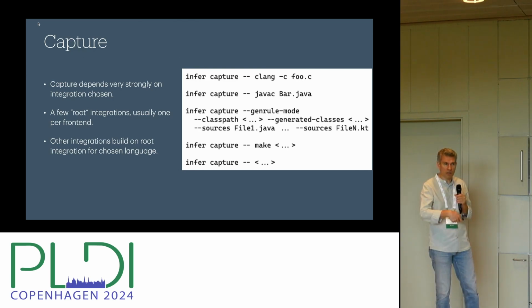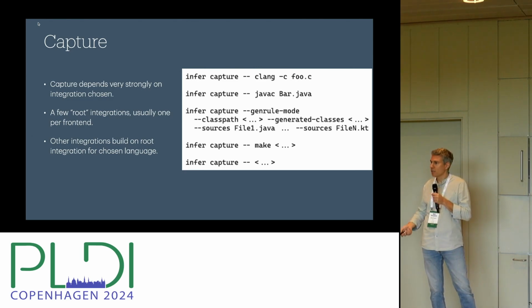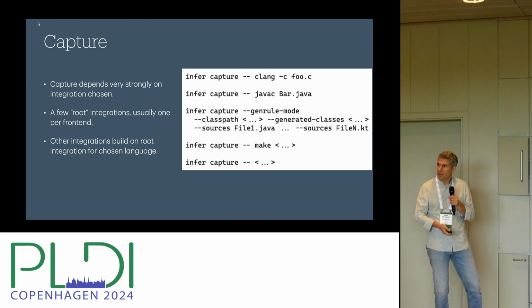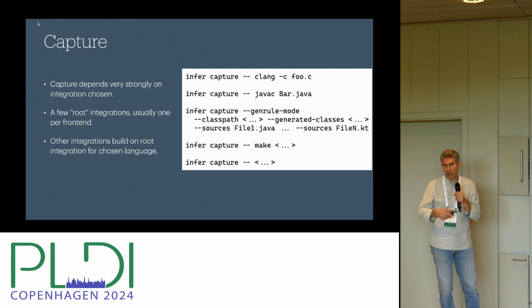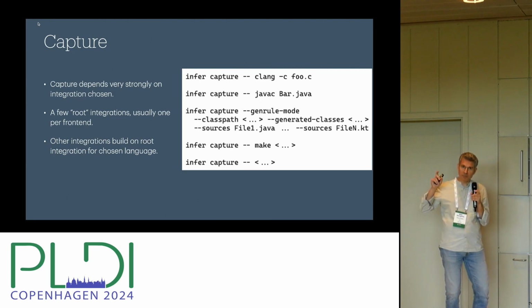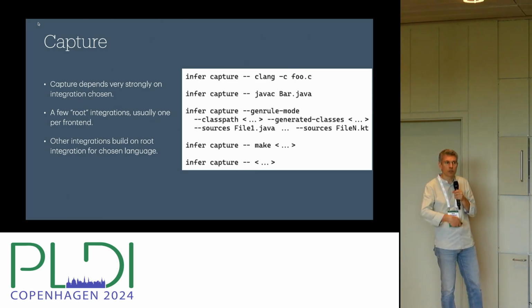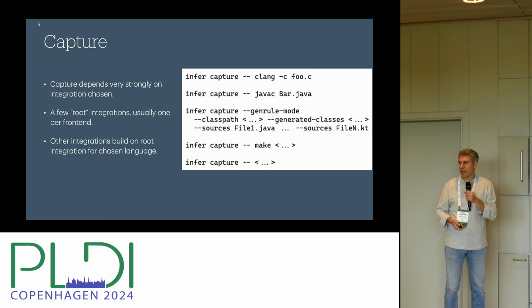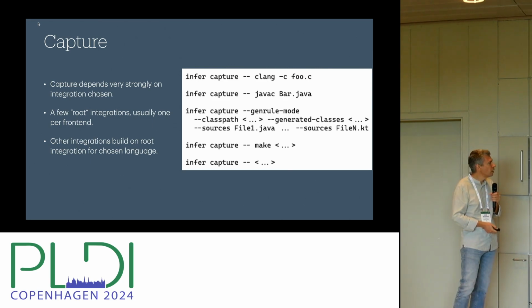So when make runs, instead of running Clang, it would run effectively a version of Infer that is standing in for Clang, and then Infer would produce the same sort of side effects that Clang would do by also running Clang, but also it would get all the flags it needs to run its own capture directly.